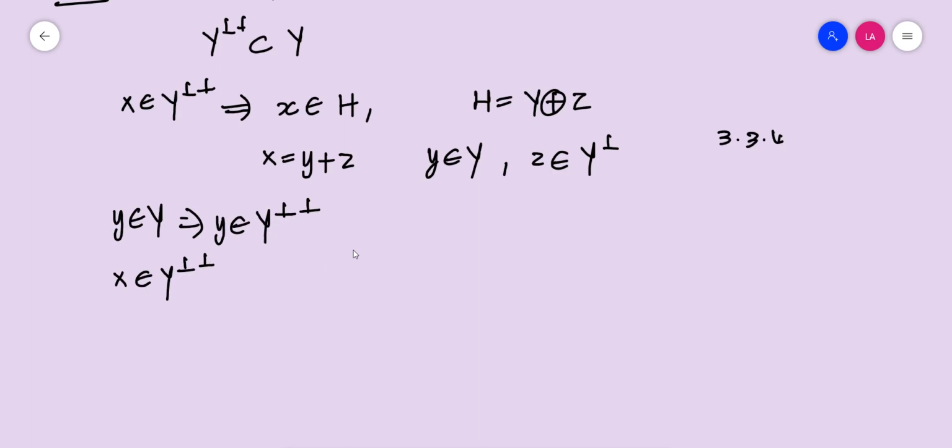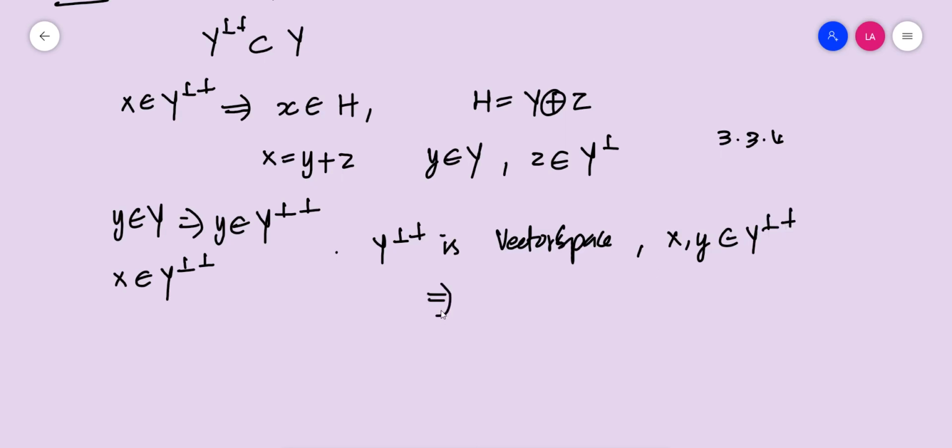Now the perpendicular space is actually a vector space, so this is a vector space by previous result, and X and Y are elements of it. Then X minus Y should also be an element of Y perpendicular perpendicular.